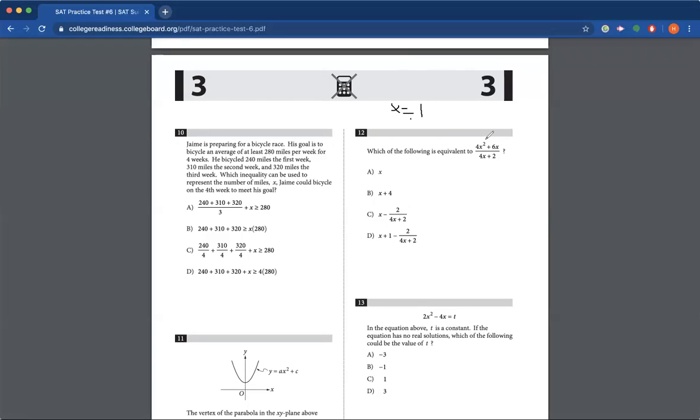So we plug in 1. Now I plug in 1 into this. We get 4 plus 6 all divided by 4 plus 2, equals 10 divided by 6, equals 5 by 3. Plug in 1 here. That doesn't give me 5 by 3. Plug in 1 over here, I get 1 minus 2 over 4 plus 2.